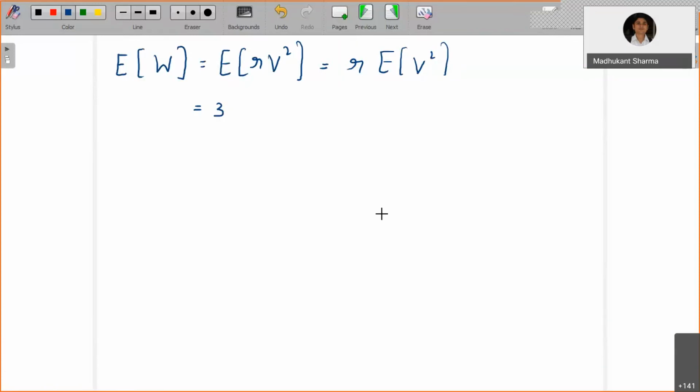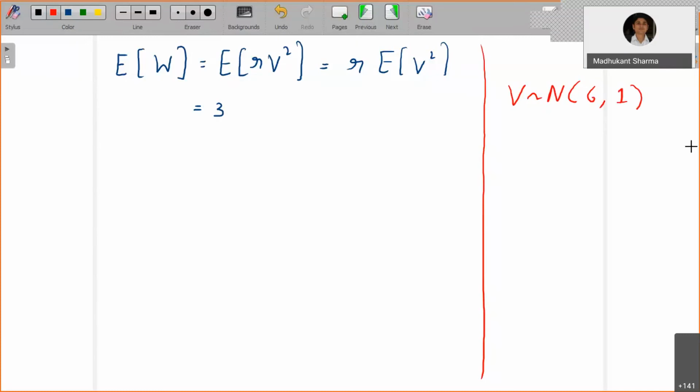You have two ways: either you use the density function for V, or you use the information that V follows a normal distribution with mean 6 and variance 1. So the expectation of V is 6, and the variance of V is equal to 1.